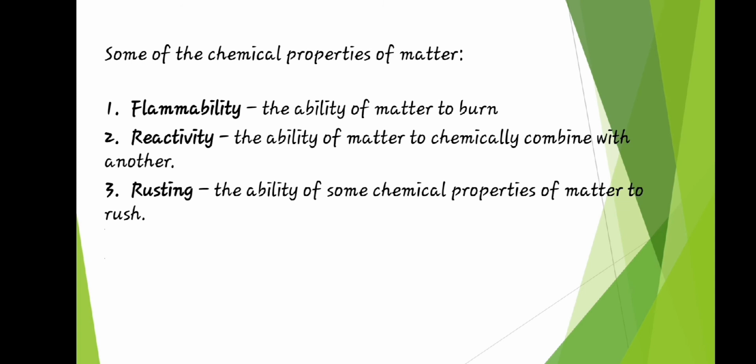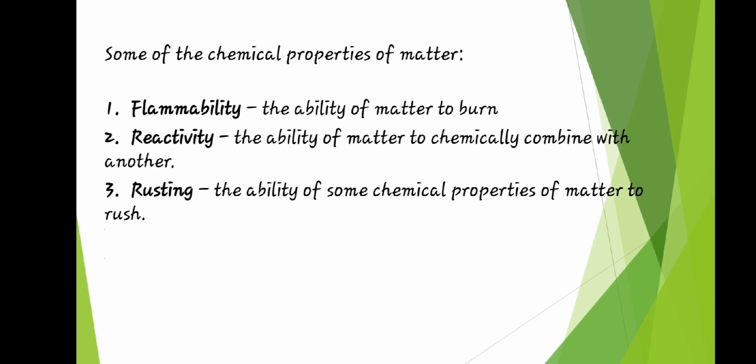We have rusting. Rusting is the ability of some chemical properties of matter to rust. One example of the process of rusting occurs when iron, alam niyo naman what is iron, combines with the oxygen in the air, causing it to corrode. So there is a process called rusting, because the iron and the oxygen form a corrosion.